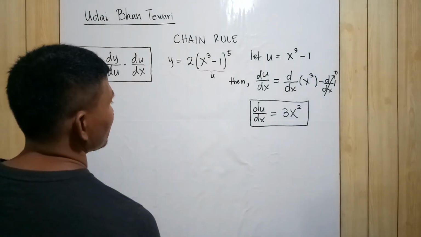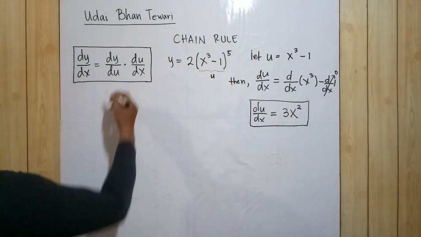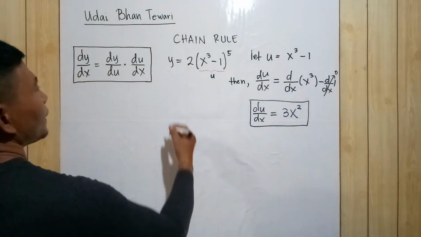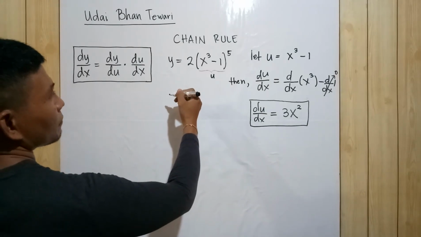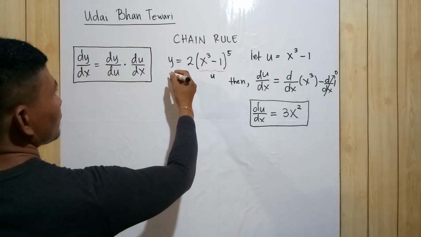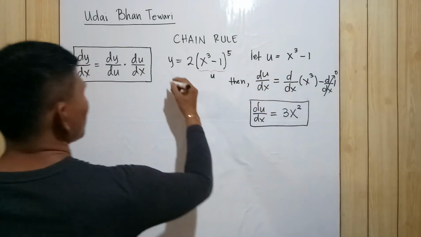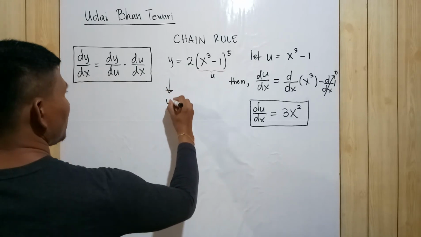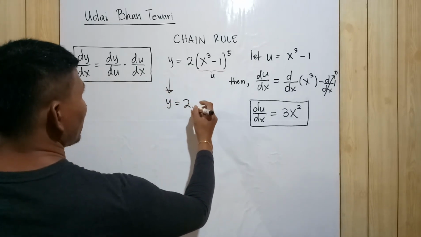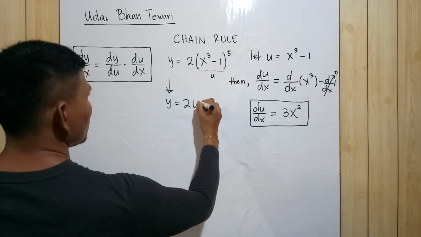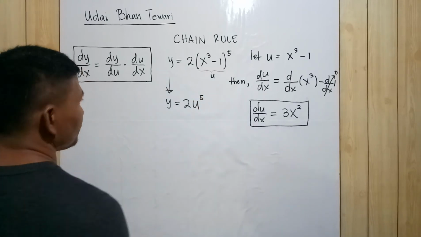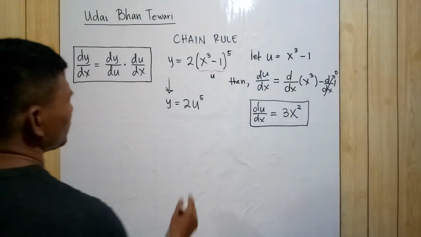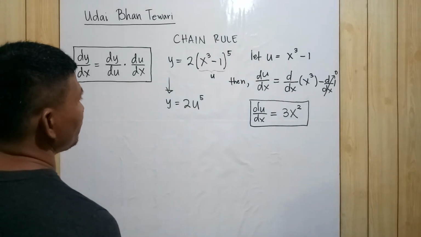Okay, so the next thing is to find dy du. Since we let u be equal to x cubed minus 1, it follows that our y is equal to 2 times u to the power 5.